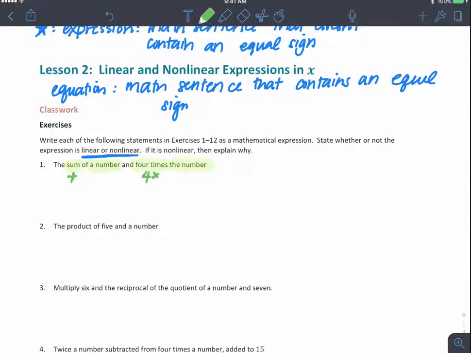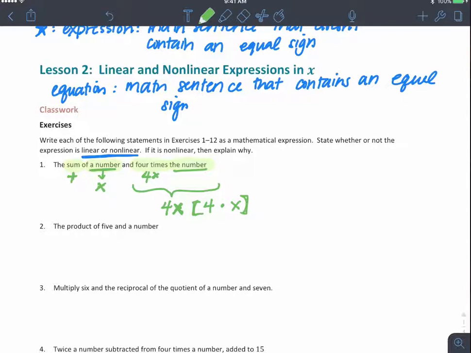When we don't have an exact number, that's our variable, our placeholder. So we can call our number x. We're going to be multiplying it by 4, because that's what 4 times the number means. So our little portion of this expression is going to be 4x, which means 4 times x.